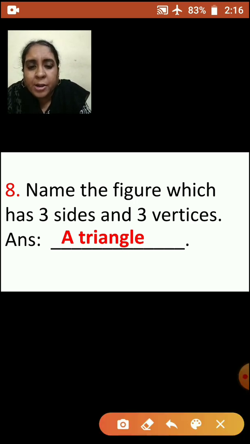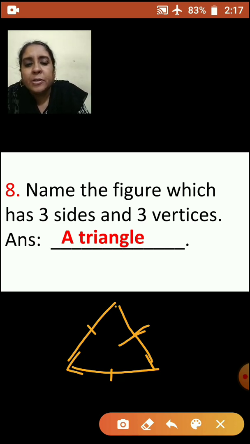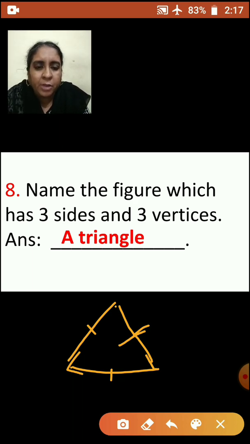Now if I draw a triangle here, see. In the triangle you can see how many sides there are: 1, 2, 3. These are the 3 sides, right? And how many vertices are there? This 1, 2 and 3. These are 3 vertices and 3 sides.